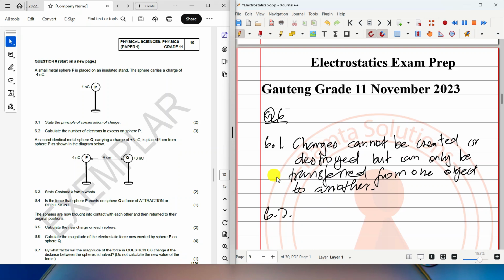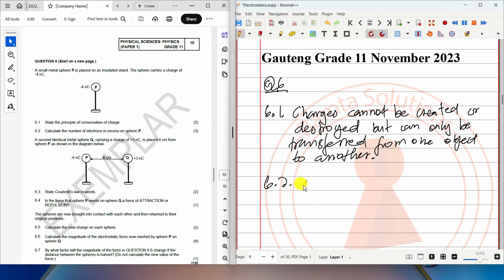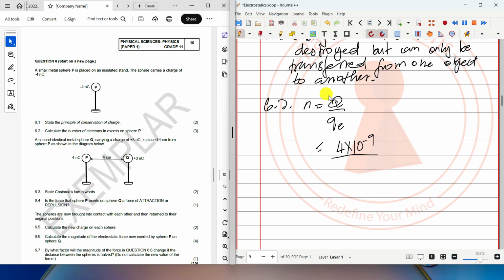The equation that we use is N equals Q over Q sub E. The Q here is the charge of the sphere, which was 4 nanocoulombs. Nano means 10 to the power negative 9. The charge of an electron is given in your data sheet: -1,6 times 10 to the -19.